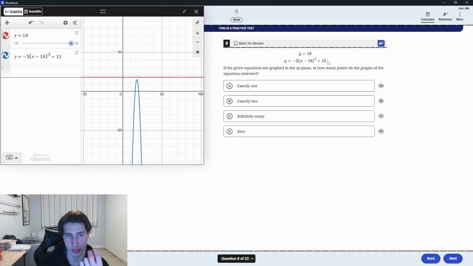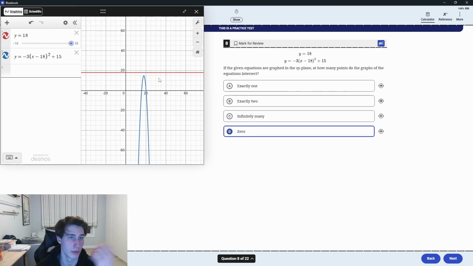The plus 15 here represents that the vertex is at 18, 15, which is true in this case. So this is a vertex form parabola, and 15 shows that it's up 15. And since 18 is actually greater than 15, shocker, right? These 2 lines are never going to touch, because the y is greater than the parabola. So in this case, 0 is our answer.